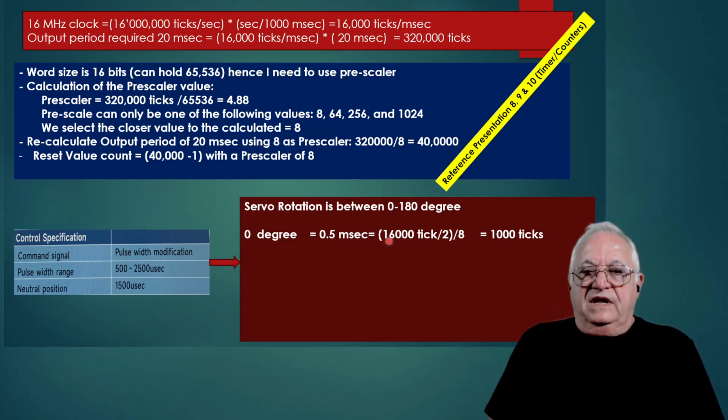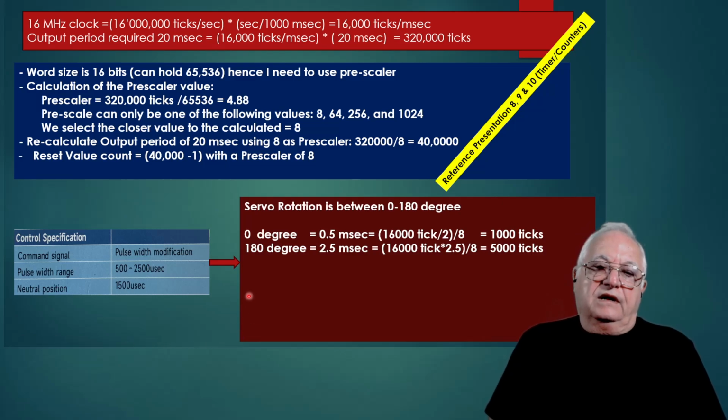So that would be 16,000 ticks, which is the value for 1 millisecond, divided by 2, because we want a half millisecond. And then we're going to divide everything by the prescaler, which is 8. And that gives me 1,000 ticks. So it means that if I want to drive this servo motor arm to position 0, then I have to put in a value of 1,000 ticks.